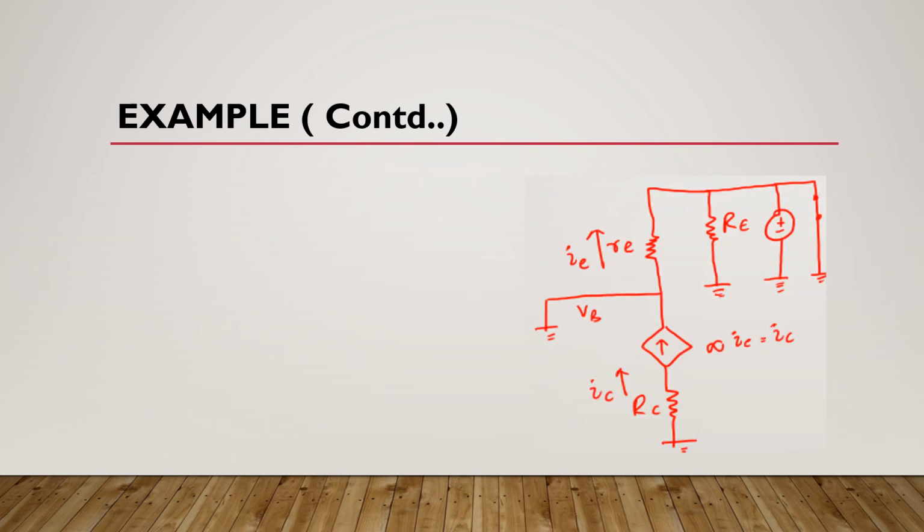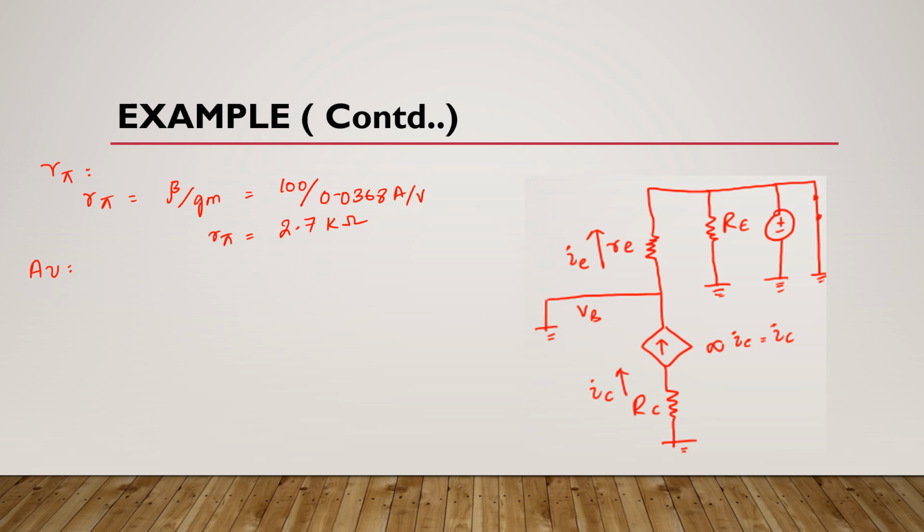Okay, now we will find R pi. We know that R pi is equal to beta divided by transconductance. Here beta is 100 and transconductance is 0.0368 amperes per volt. After solving this, you will get R pi is equal to 2.7 kilo ohms.